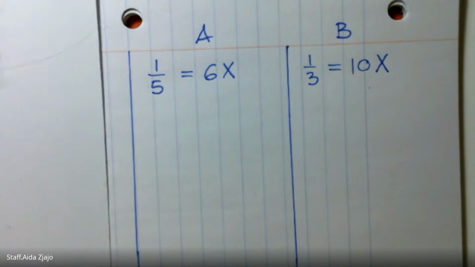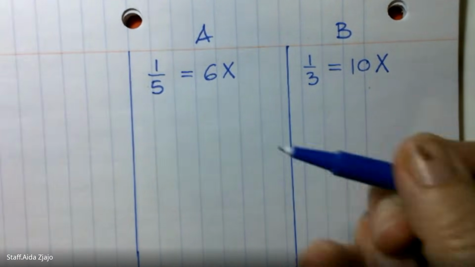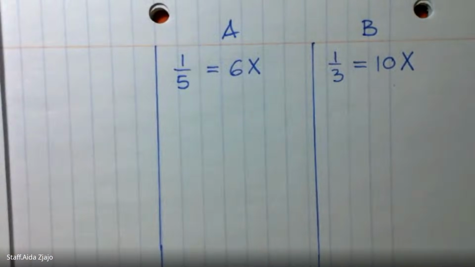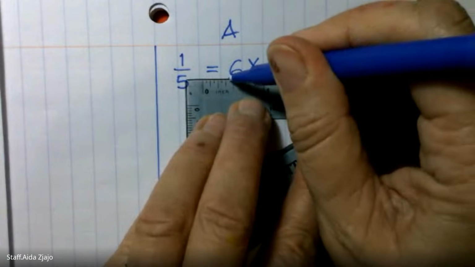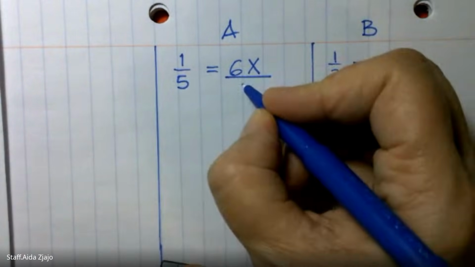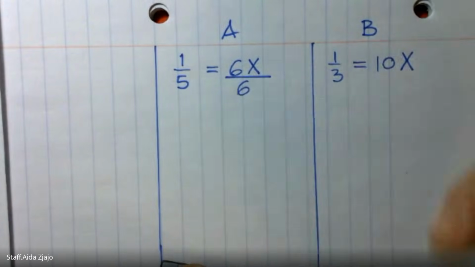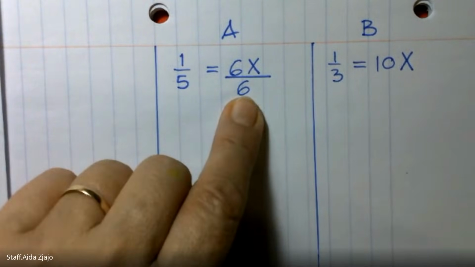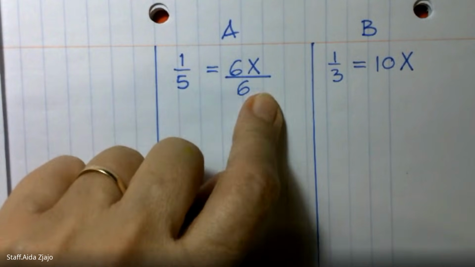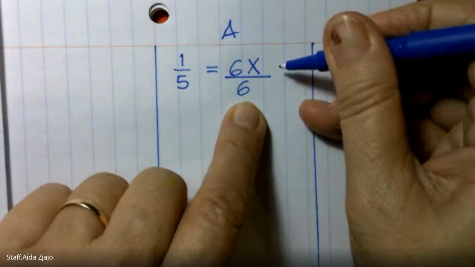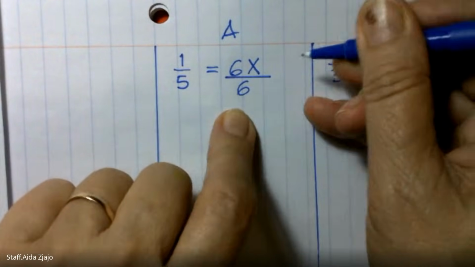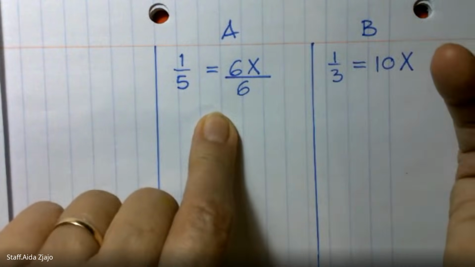10x. So here I'm dividing. You can divide by 6 on both sides. You can also think of it as multiplying by 1/6, and it will be the same.